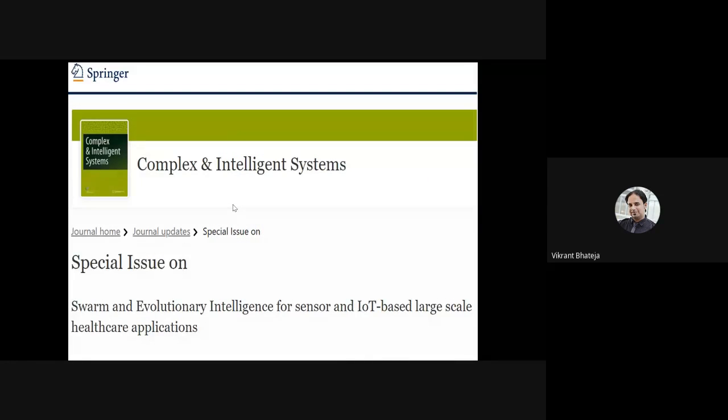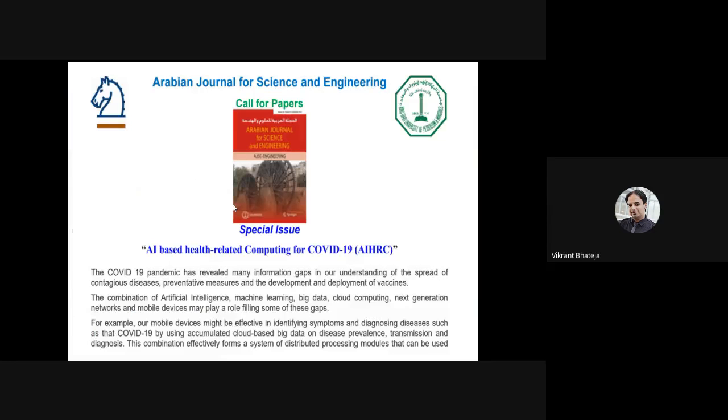Another special issue where the call for papers is still on is the Complex and Intelligent Systems special issue, again an impact factor 3 journal. Another special issue is specific to COVID and AI, in the Arabian Journal of Science and Engineering. These special issues could be helpful for anyone interested in submitting papers in that domain.